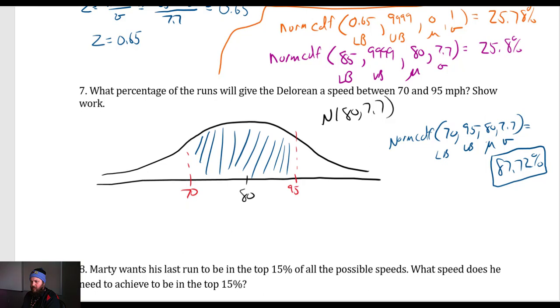Now if you're going to use the spreadsheet, you need to go from 95 to 0. So with that, the easiest way to do it is to find your z-scores for these. So z is 95 minus 80 over 7.7.